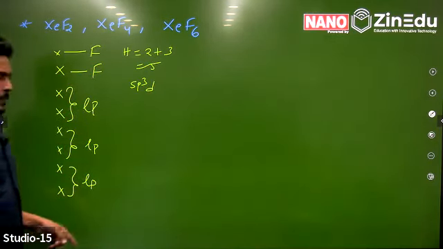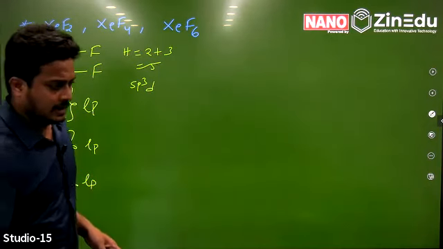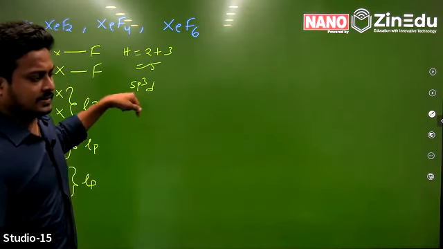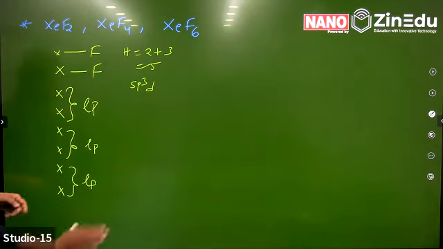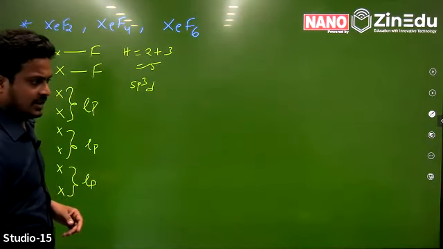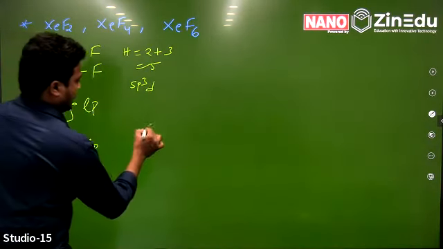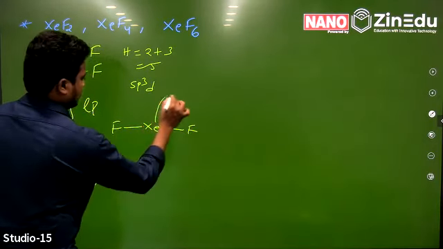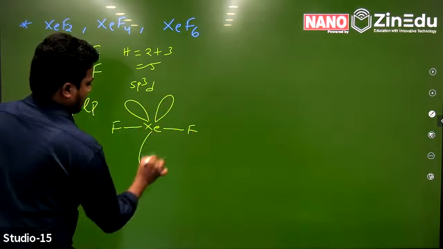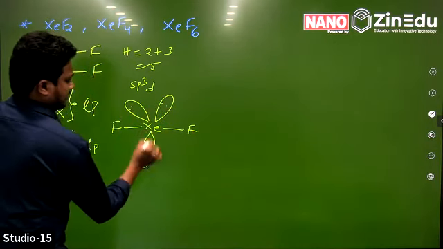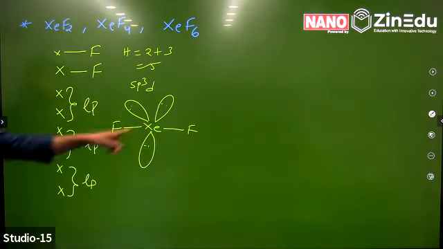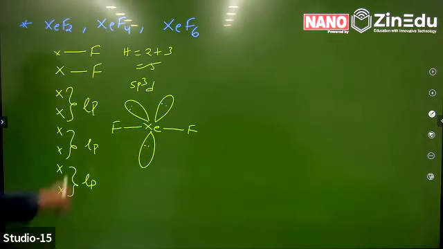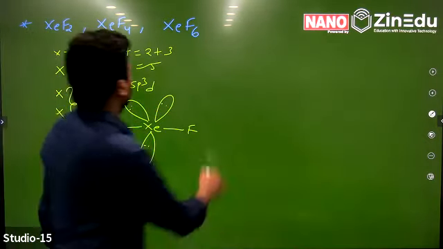Actually it is trigonal bipyramidal geometry with 3 lone pairs. What will change then? The geometry changes to linear, like this: xenon, fluorine, fluorine, because these 3 are lone pairs.